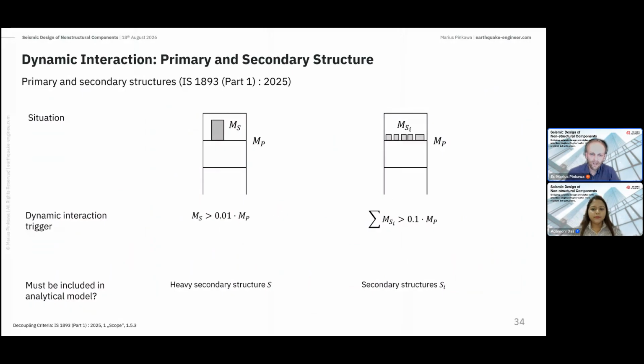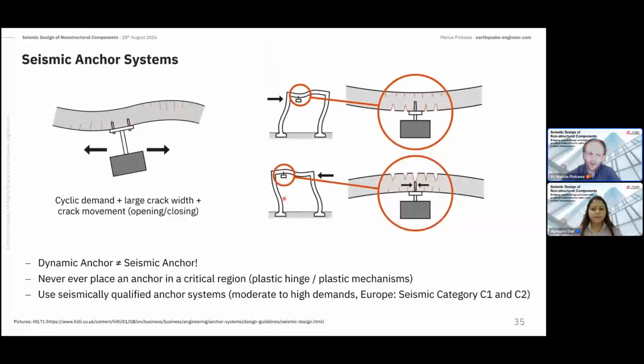And then the final important topic is about the anchorage. Anchorage is very critical, and seismic demand on the anchorage is very large because we have 3 points. First, it is a cyclic demand. So the non-structural component shakes back and forth. So this is something special for seismic.